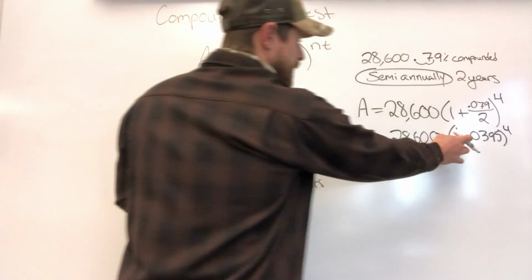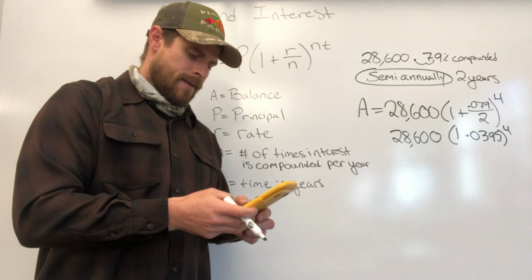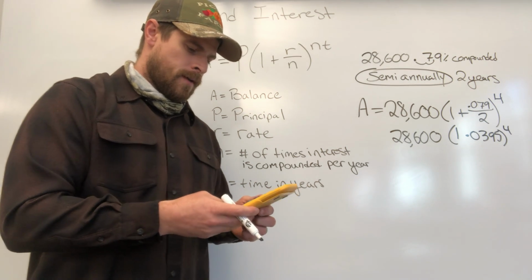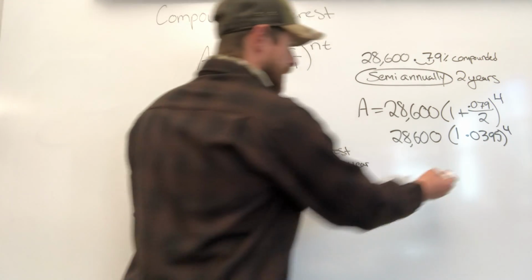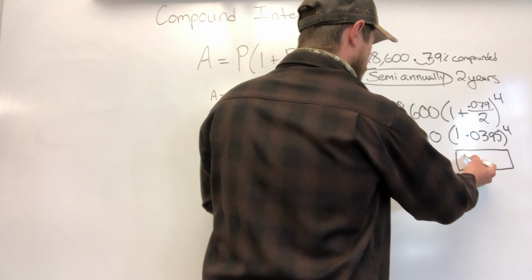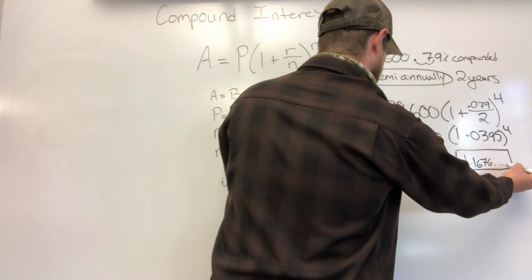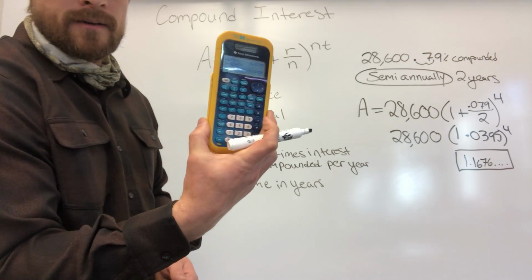So let's do that. We're just going to take 1.0395 to the power of 4. It's going to give me a crazy long decimal. Do not worry about writing out that decimal. It's just this really long number, 1.1676 and so on. Just keep it in your calculator, okay?